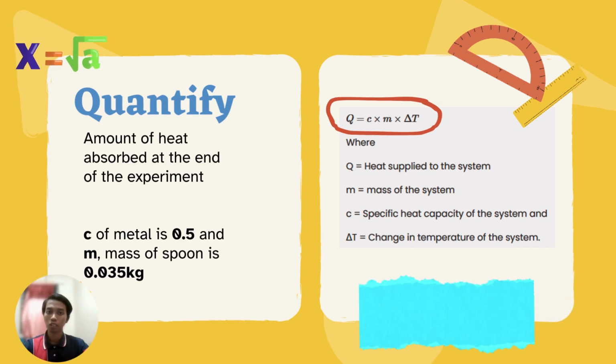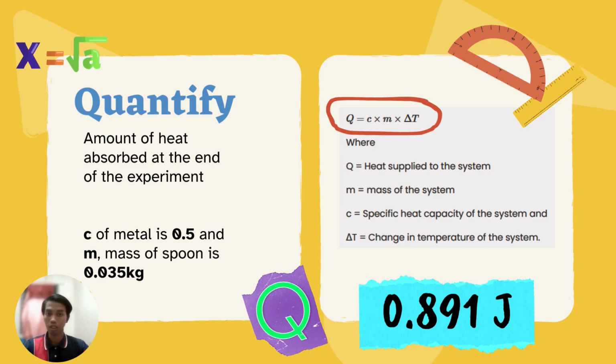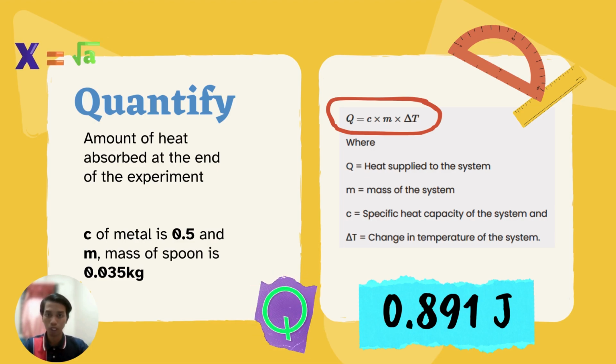As we crunch the numbers and sum up the individual heat values for each temperature and time, we arrive at a fascinating result. The total amount of heat absorbed by our spoon throughout the experiment is approximately 0.891 joules.